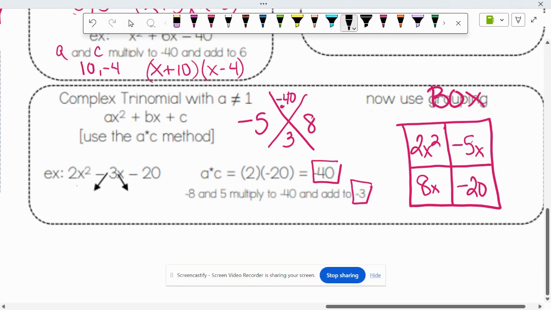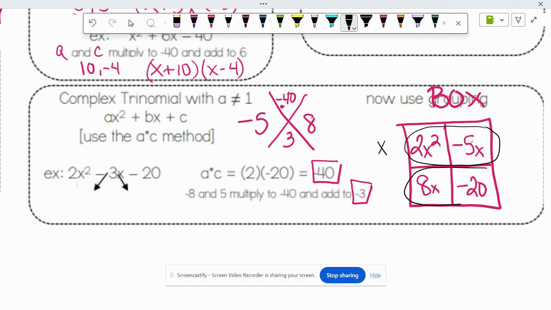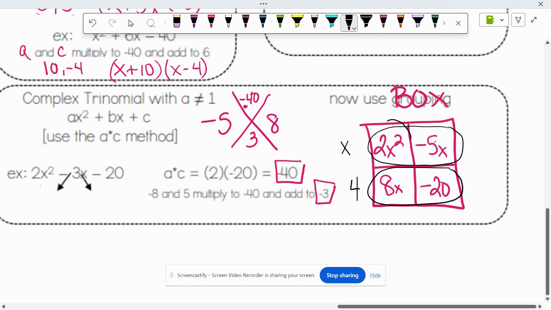What's the greatest common factor between 2x squared and negative 5x? Just x, right? What's the greatest common factor between 8x and negative 20? 4. What's the greatest common factor between 2x squared and 8x? 2x.